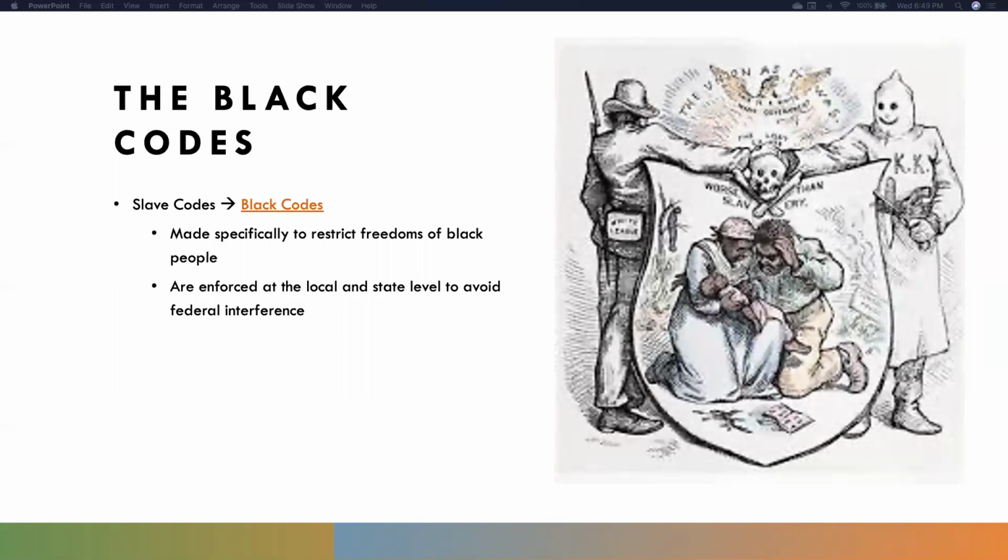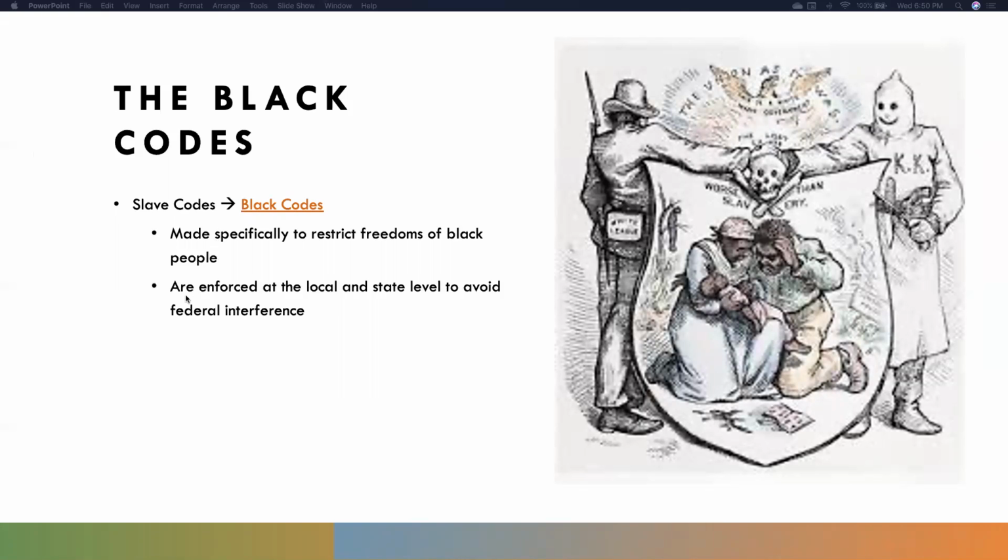But the black codes were essentially, like I said before, the slave codes with a different name. Sometimes they are just straight up copy pasted, with no changes. Other times it's minor changes so that it doesn't say words like slave. But they are specifically targeting African Americans and trying to impose the same kind of restrictions on them as when they were slaves.